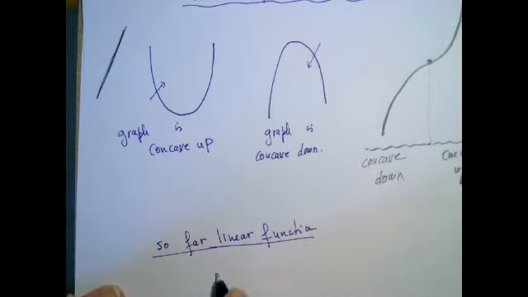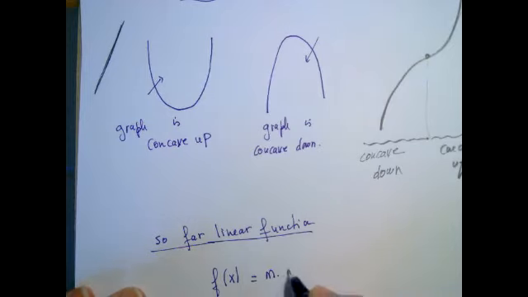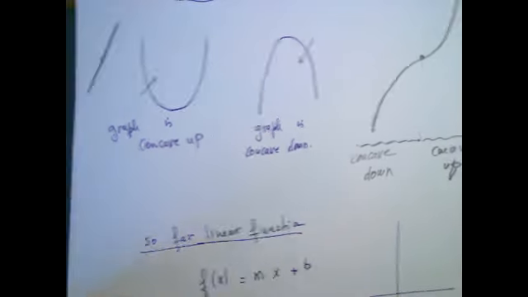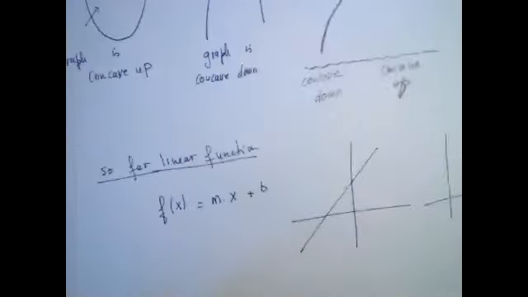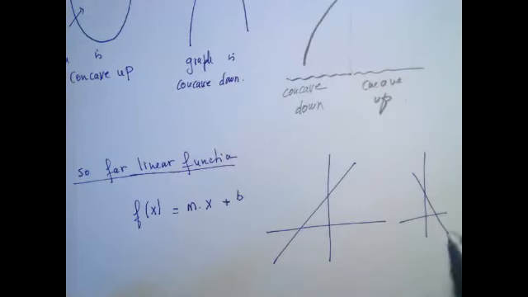And the linear function had the form: every linear function is a certain constant, m, we call it the slope, times x to the power 1 plus b. Okay, and the graph was a line. A line, there is no curvature. And the line goes up or down when the slope is positive or when the slope is negative.